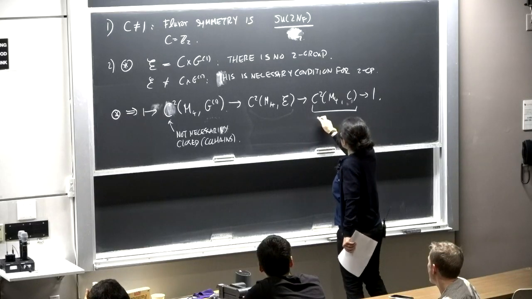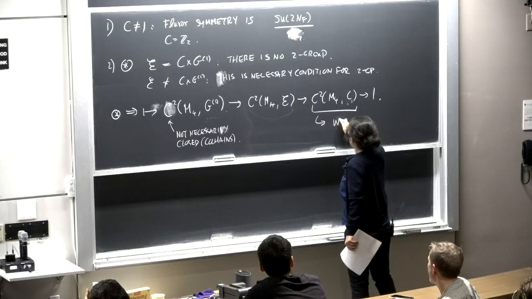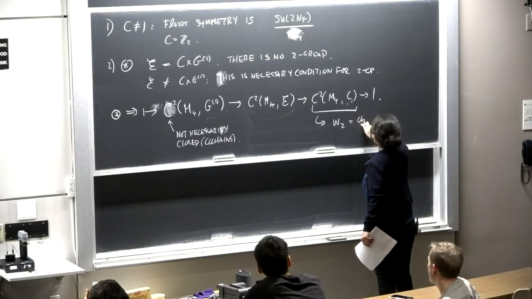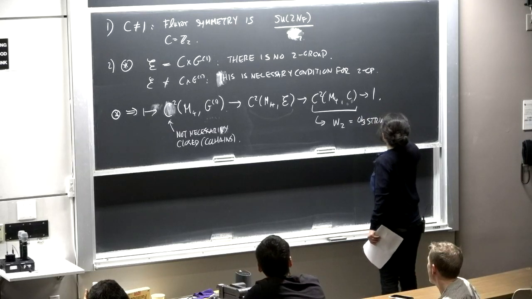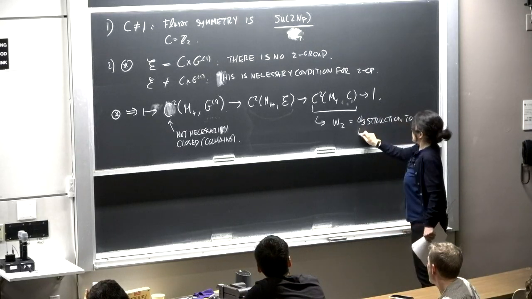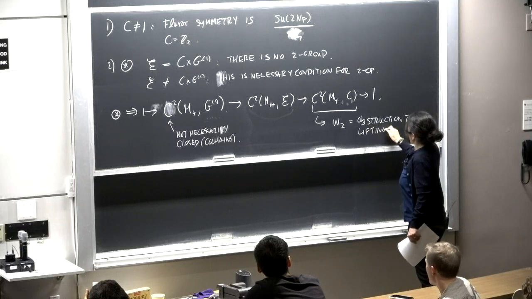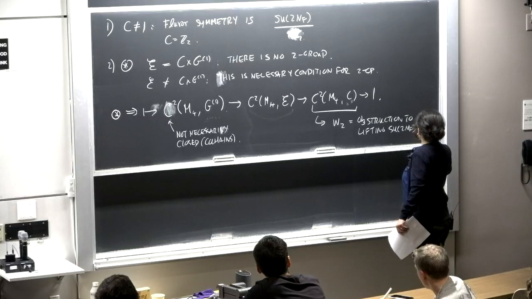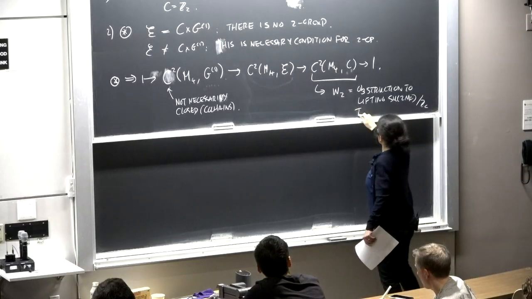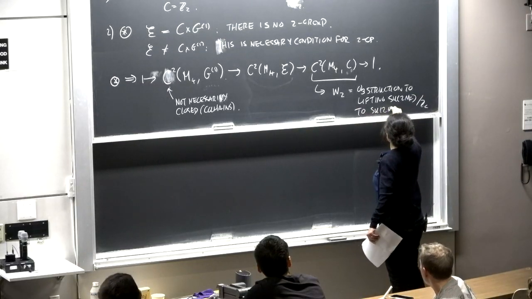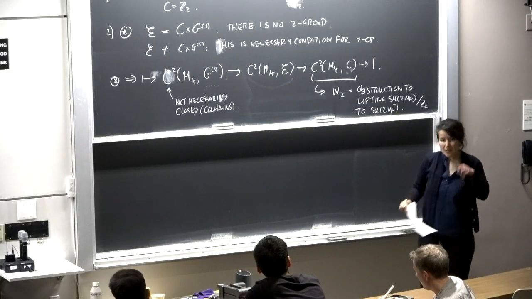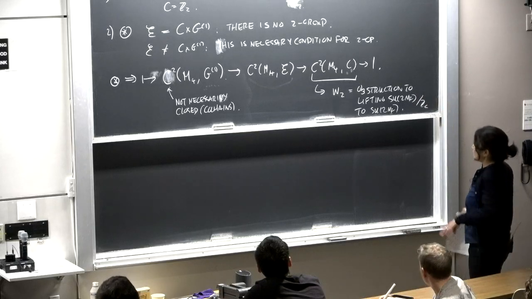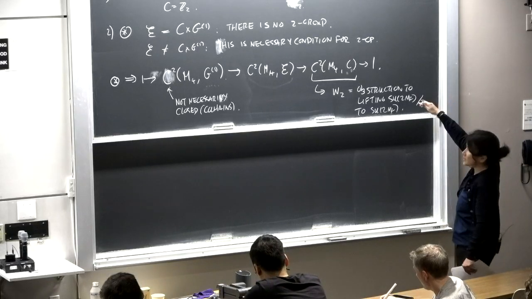So this C2 here is in fact W2 in this case, which is the obstruction to lifting the SU2NF mod Z2 to the simply connected SU2NF. When C is non-trivial, our flavor symmetry group is not just SU2NF, but SU2NF mod Z2.